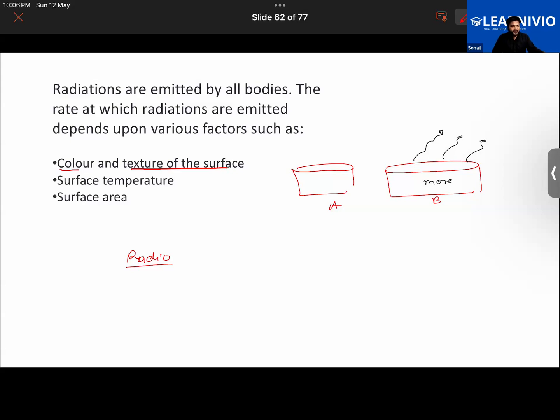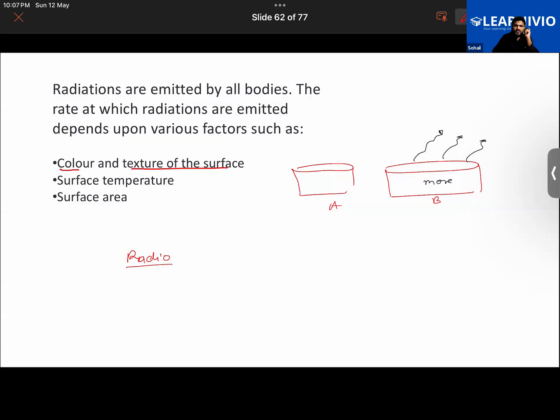Yes, Priyanka and Abu? Sir, I have heard radiation from an air fryer. Radiation from air fryer? I didn't get it properly, please repeat. Sir, I have heard radiation from air fryer, because when you put something in an air fryer to cook it, it uses some type of thing.